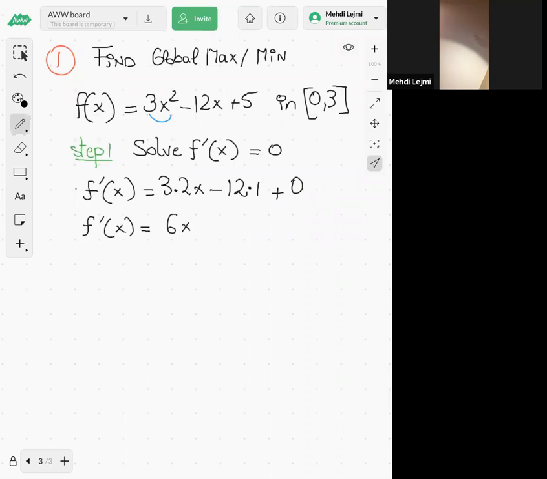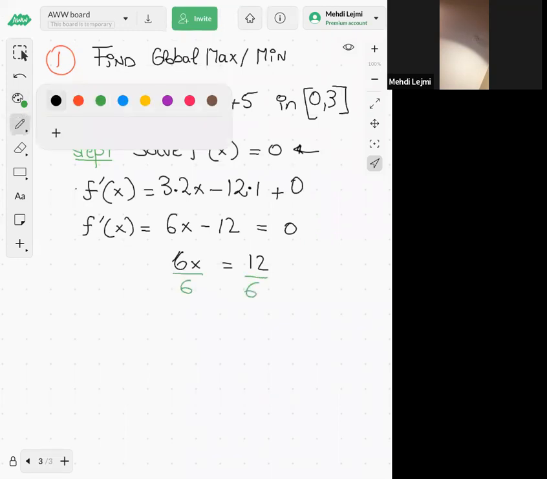So f prime of x is 6x minus 12, and I want to solve f prime of x equal to 0. So 6x minus 12 equals 0, then 6x equals 12. Divide both sides by 6, so x is equal to 2.